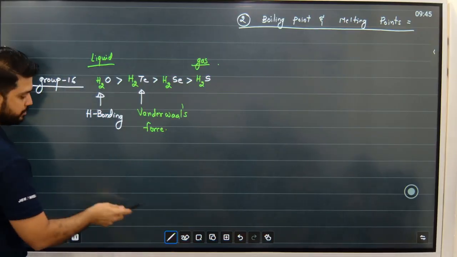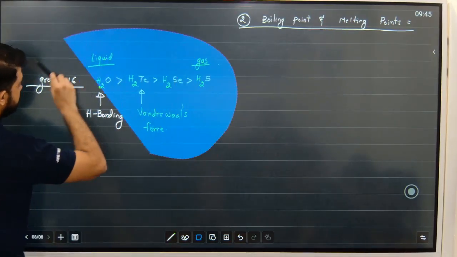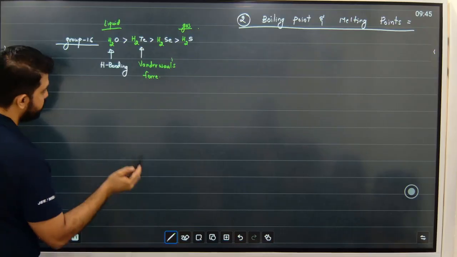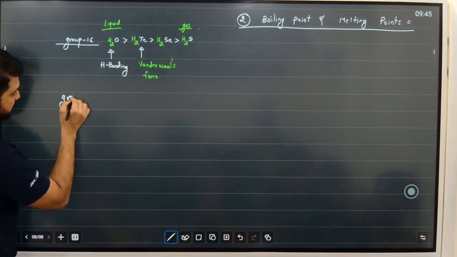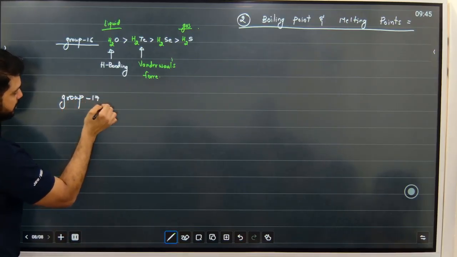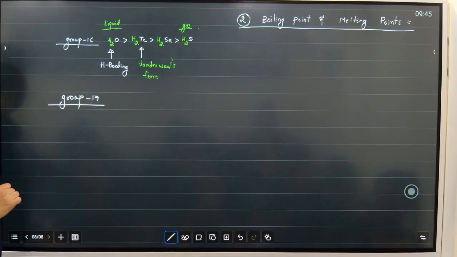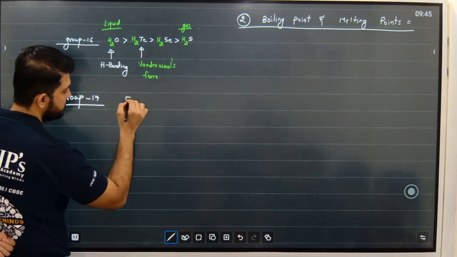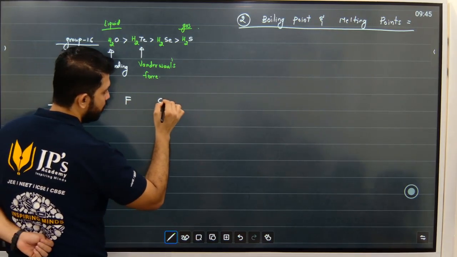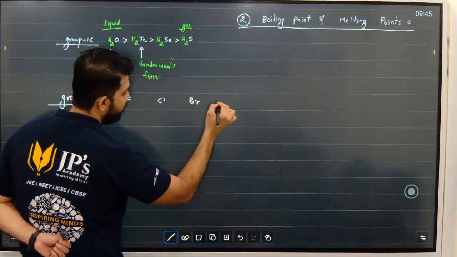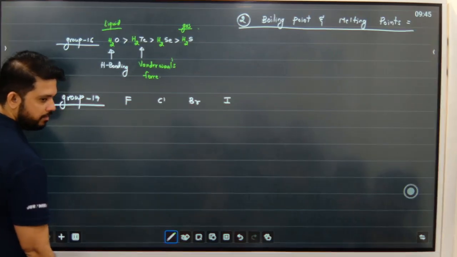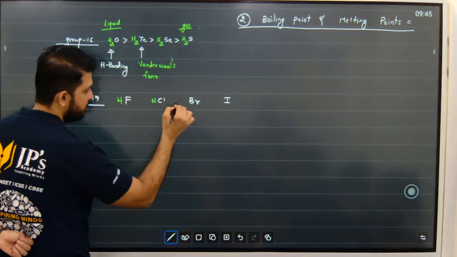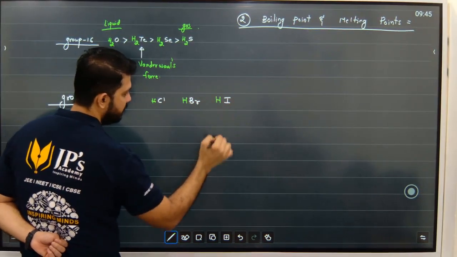Not only is this observed in group 16, but this is also observed in group 17 similarly. If I write the elements of group 17, what do I have? Fluorine, then chlorine, then bromine and iodine. What will be their corresponding hydrides? HF, HCl, HBr and HI.